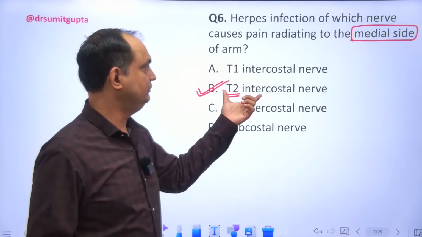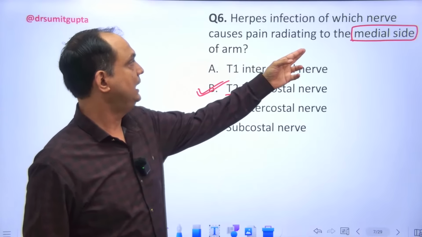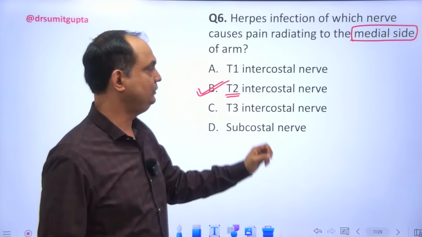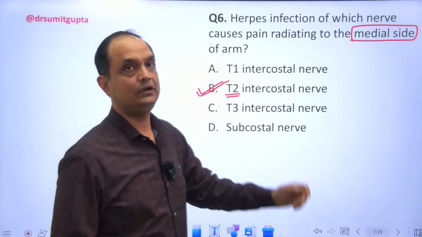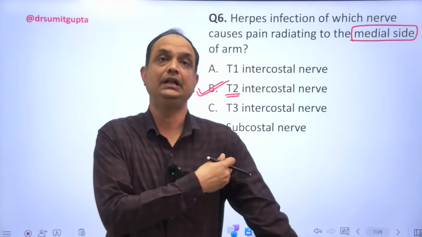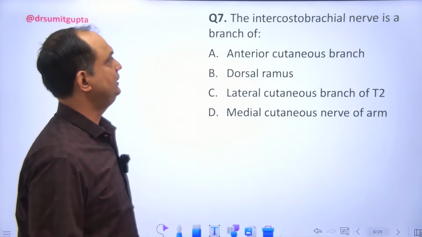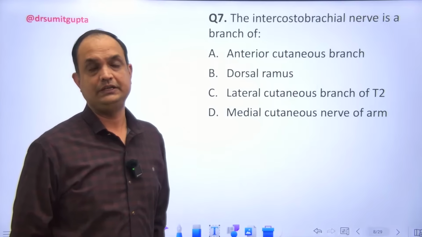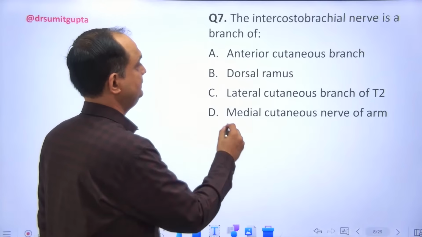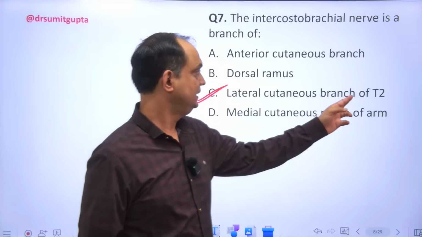Now this T2 nerve is not only supplying the adjacent chest wall but also the inner and upper part of the medial side of the arm. Clear? So the answer is B, T2, because herpes infections are common on the chest wall, and from the chest they go to the medial arm with the help of the T2 nerve. Now the intercostobrachial nerve is the lateral cutaneous branch of the second thoracic nerve, that is T2.